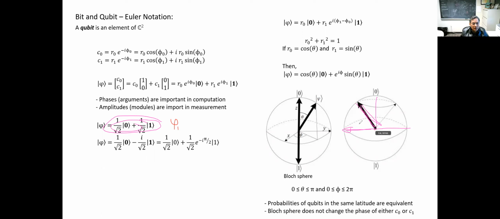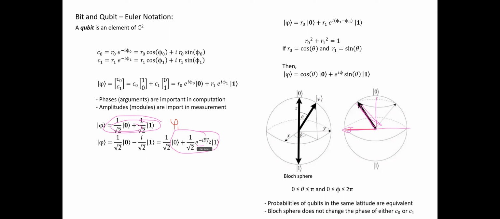Where is this? It's rotated pi divided by 2. So if the phi is here, minus phi should be to the back. So it's rotated minus pi divided by 2. So this could be 90 degree. Yes, okay, it's 90 degree.